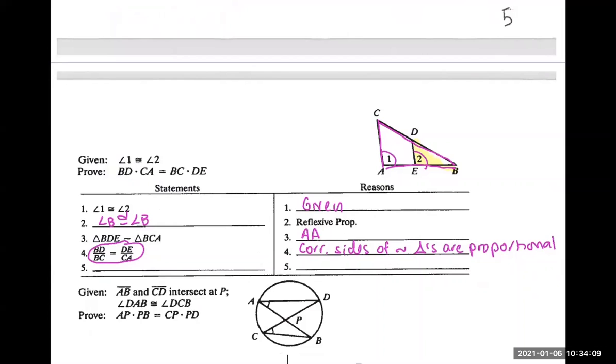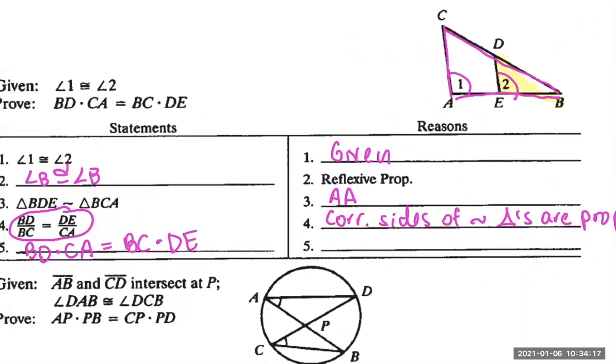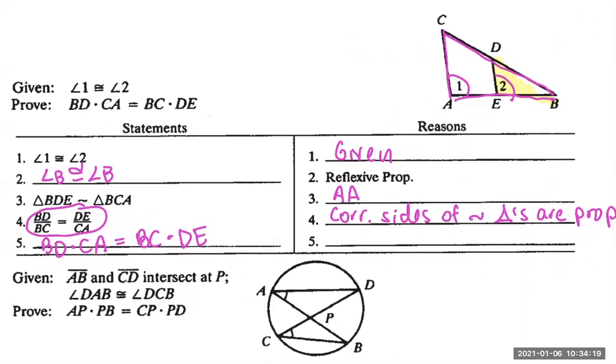So BD times CA, I'm just copying down what we're trying to prove in case it looks a little jumbled there: BD times CA equals BC times DE. And instead of saying cross multiply or simplify, there's a more official name for the property, and that's called the means extremes property.